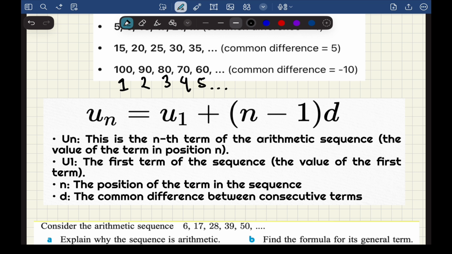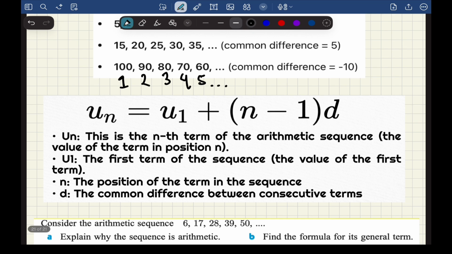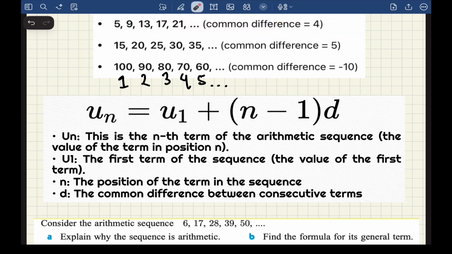This is super important because U1 is always the first number of the sequence, the number in position 1. What is n? The position. What is d? d is the common difference, the number that we need to add or subtract. This is the very basics about arithmetic sequences.